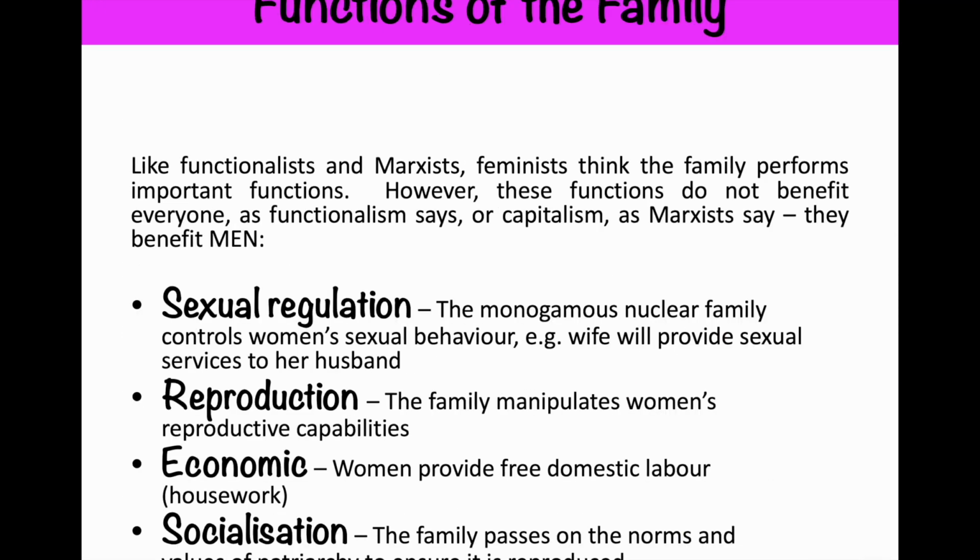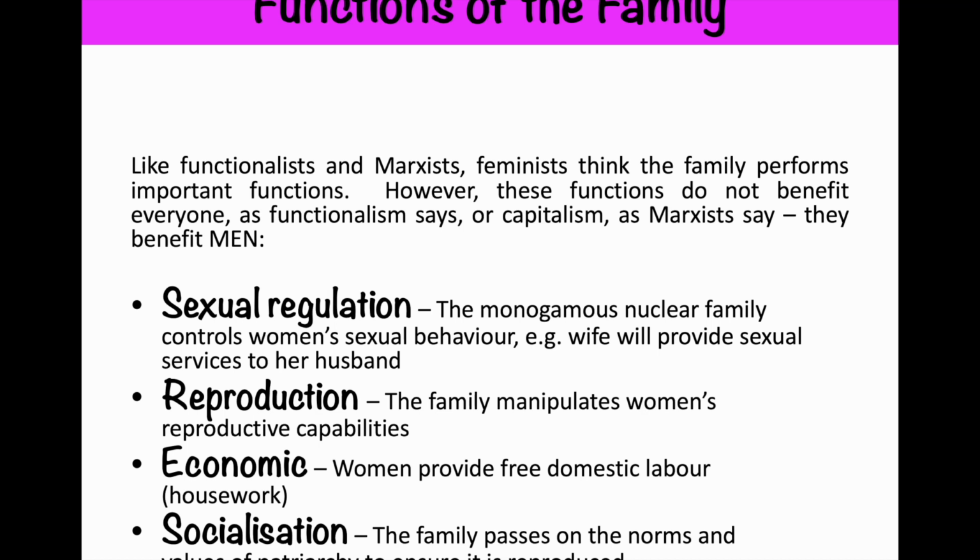Again, it's the same in terms of the functions of the family. Sexual regulation: the monogamous nuclear family controls women's sexual behavior. Reproduction: women are the ones who bear children, and therefore they're the ones who have to be controlled in terms of their reproductive capacity. They might have to stay at home to look after the child after it is born, because of the lack of support from the state and things like that.